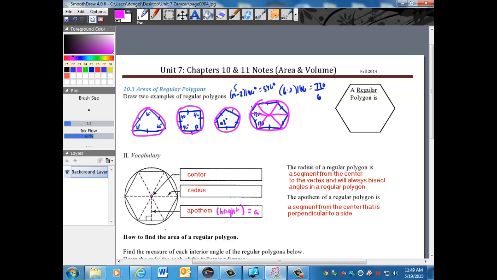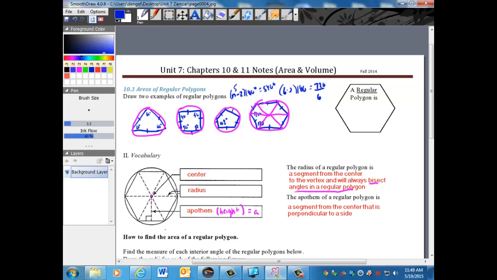And so it's a segment from the center that is perpendicular to a side, okay, and so that's this length right here. Then the other thing that we need to know is that our radius is a segment from the center to an angle, which is what we have. But what we have to know is that it'll always bisect angles in a regular polygon, meaning since we know that we have 120 all the way around, let me change pen colors here.